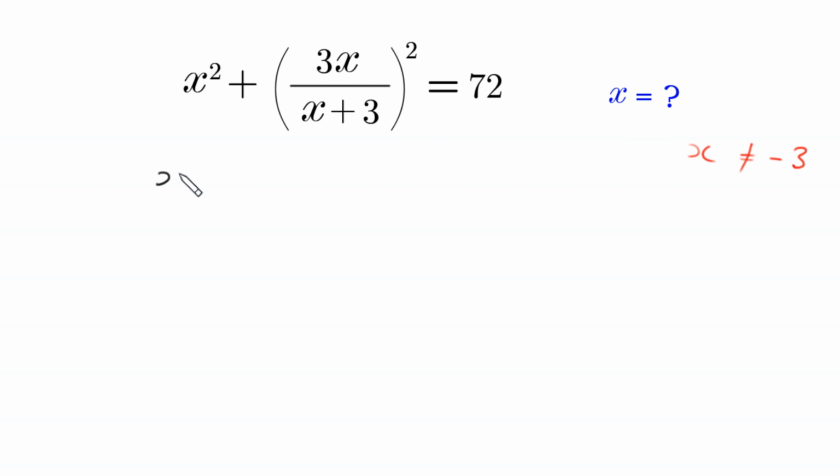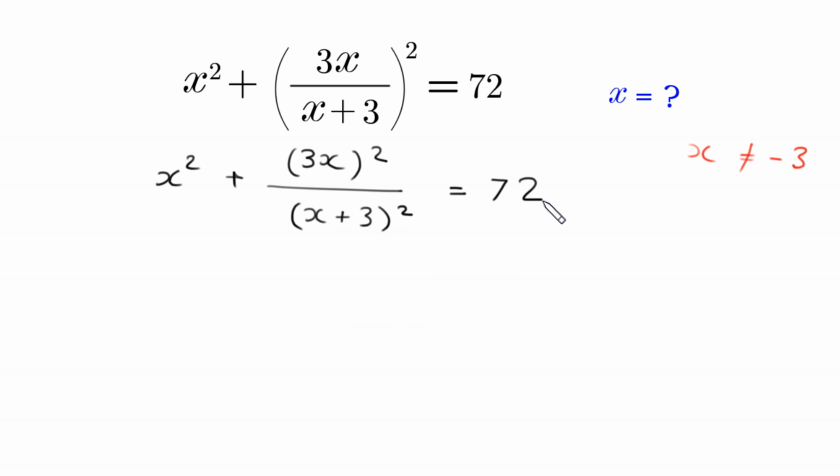Now x squared plus this (3x over x plus 3) whole squared will become (3x) whole squared divided by (x plus 3) whole squared is equal to 72.